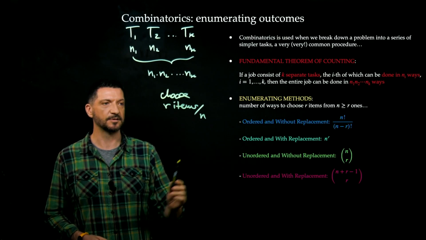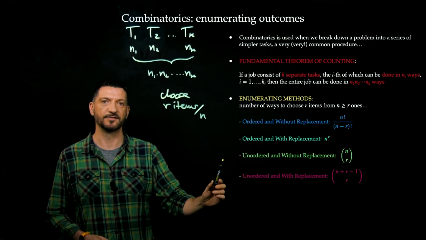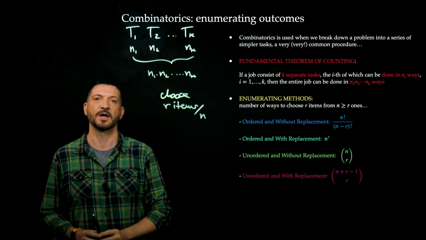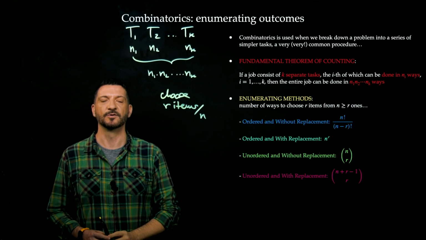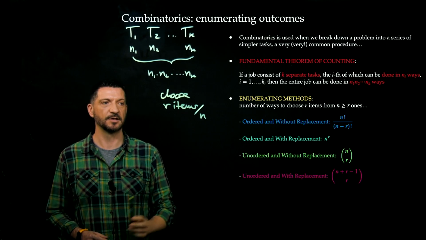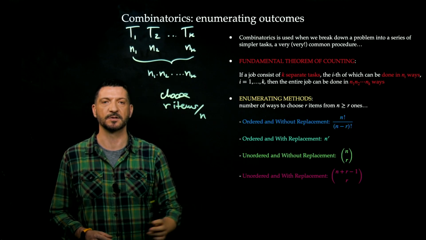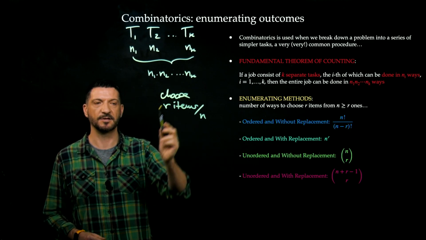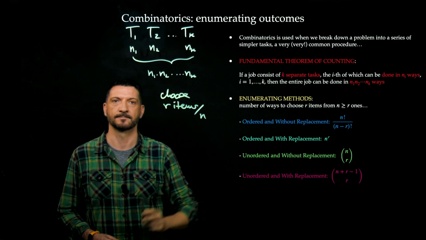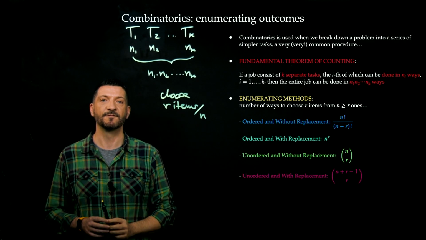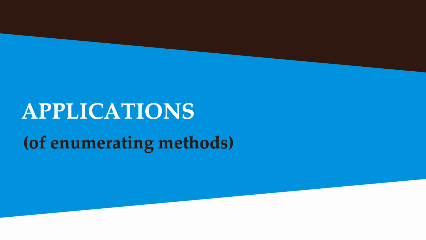If we consider neither ordering nor replacement, then this number is given by the combinations of n and r. The most difficult scenario to treat mathematically was the one in which we don't consider ordering, but we consider replacement. In this case, this number has this expression. Be aware of the fact that this formula will appear very often in the following.